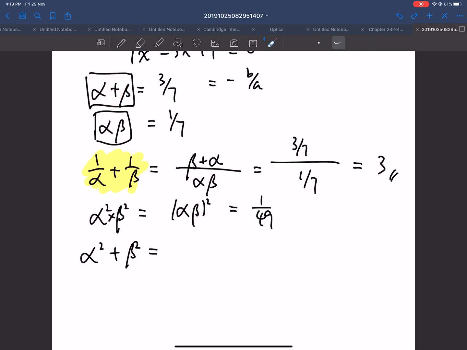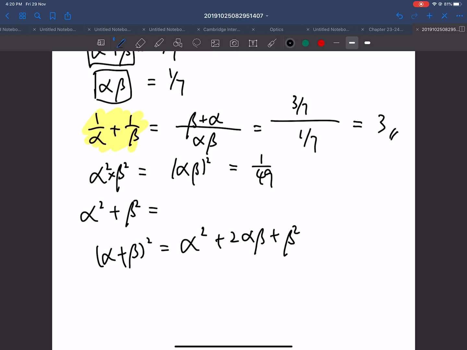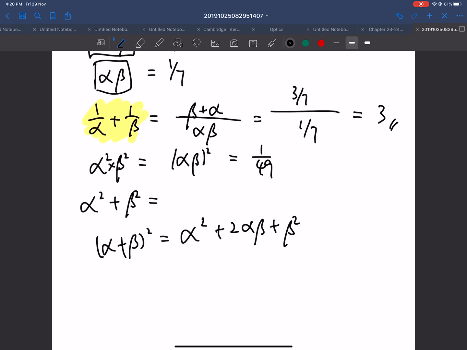Just try to square alpha plus beta. What you will get is alpha squared plus 2 alpha beta plus beta squared. You learned it a long time ago. So therefore you can see alpha squared plus beta squared here. That means alpha squared plus beta squared can be written as alpha plus beta total square minus 2 alpha beta.